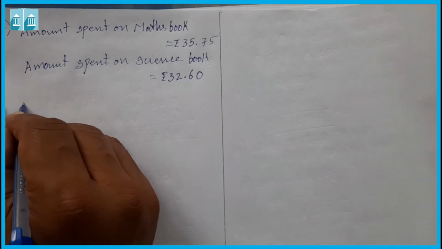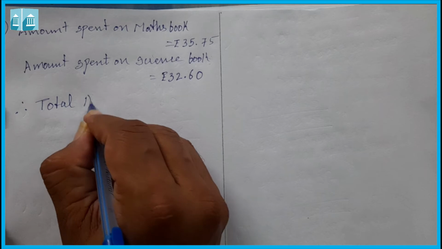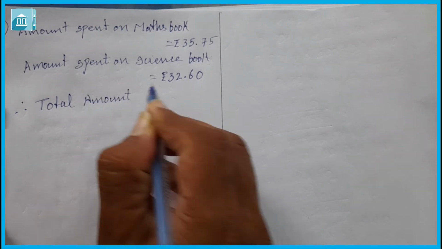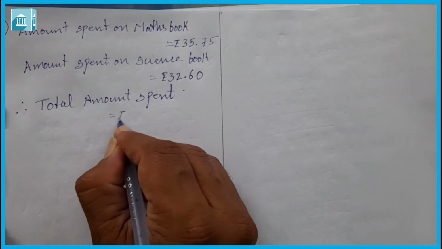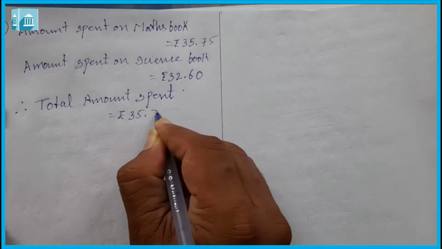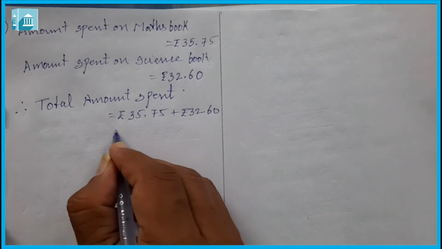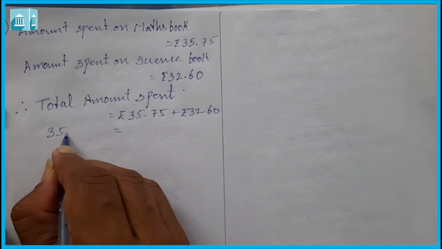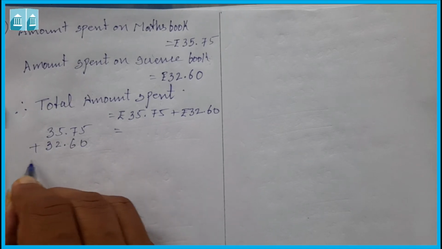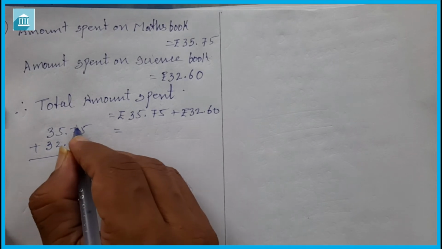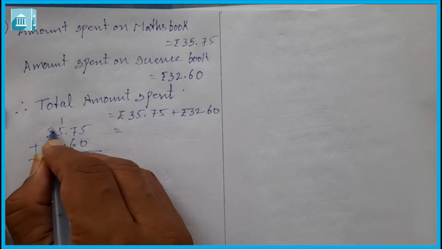So therefore we can say that total amount spent is equal to rupees 35.75 plus rupees 32.60. So we need to add it. So we just add it, 35.75 plus 32.60. So 5 plus 0 is equal to 5, 7 plus 6, so 13, 3 here, 1, 5 plus 1, 6 plus 2, 8, 3 plus 3, 6.